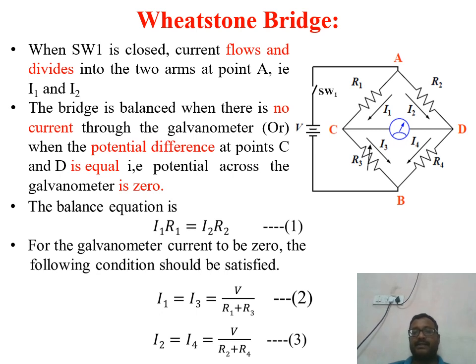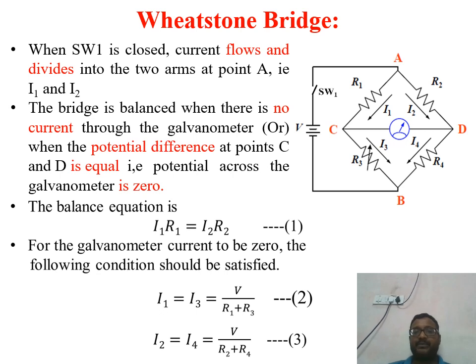So at that point, the balancing equation is at this terminal point A and C. What is the current passing? I1, and the resistance is R1. According to Ohm's law, what is Ohm's law? V is equal to IR. So at the A terminal point and C terminal point, current I1 is passing and the resistance is R1.